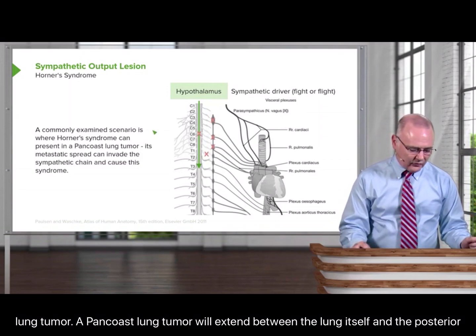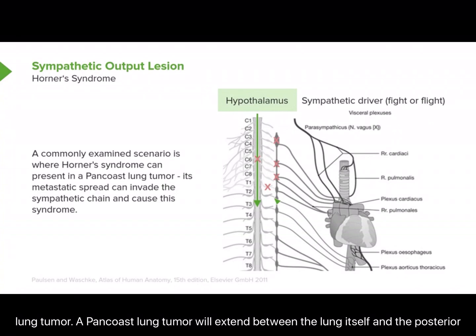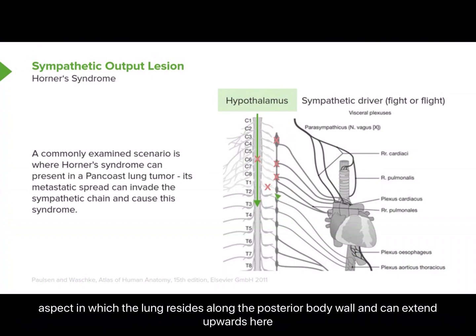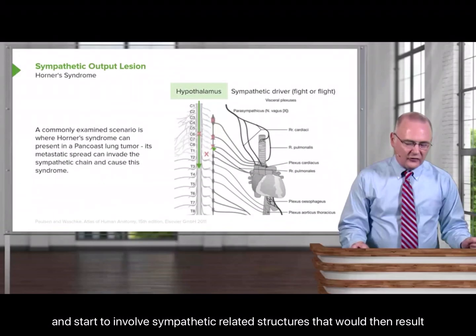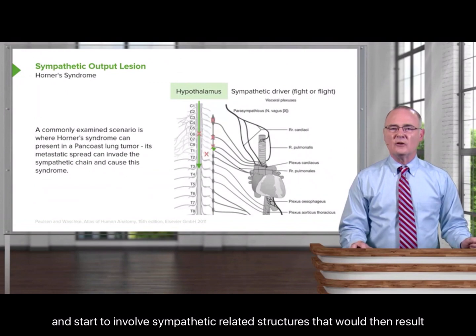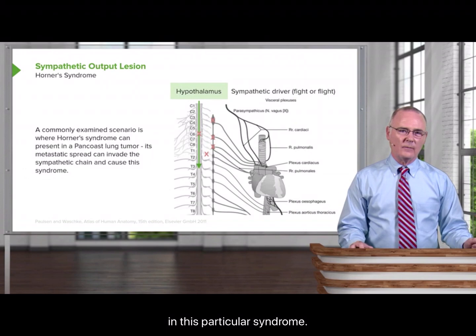A Pancoast lung tumor will extend between the lung itself and the posterior aspect in which the lung resides, along the posterior body wall, and can extend upwards here and start to involve sympathetic related structures that would then result in this particular syndrome.